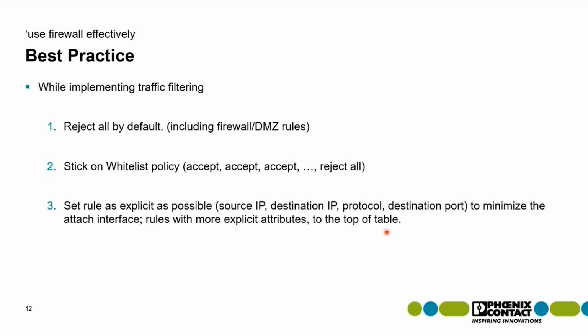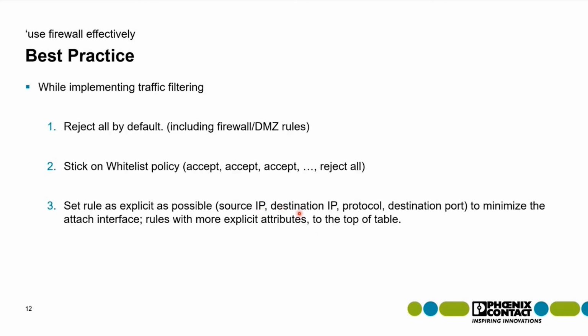And when you implement a rule, you should set each rule's attributes as explicit as possible. For example, the source IP address, destination IP address, protocol, TCP or UDP, destination port, all these attributes should be as specific or explicit as possible. If you can put one single IP address, you shouldn't put a subnet address.